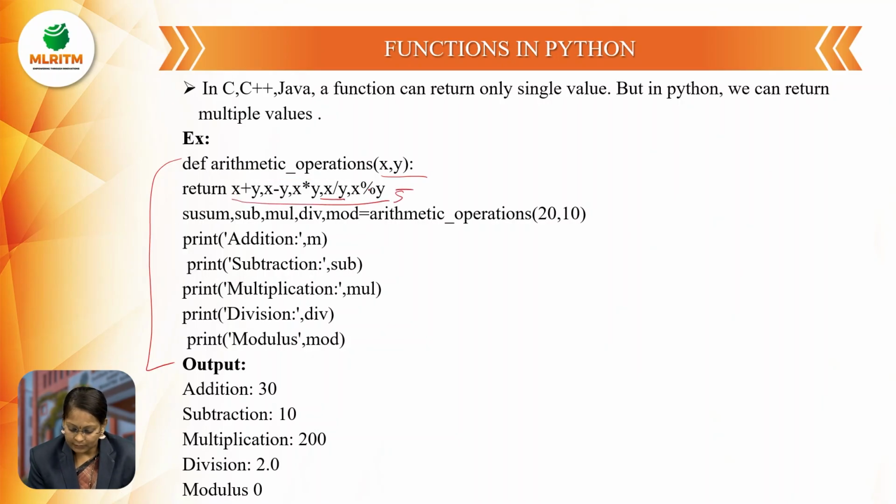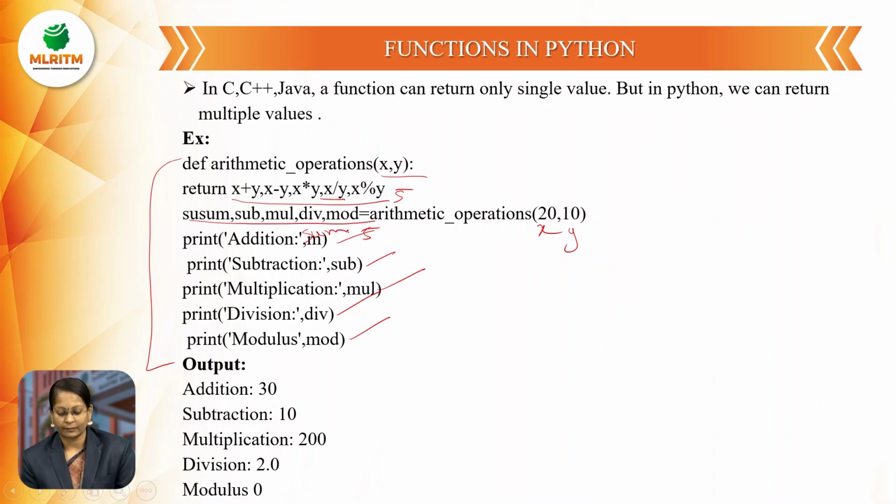These are 5, and these are also 5. So the arithmetic operations with x value 20 and y value 10. Then we are printing addition, subtraction, multiplication, division, and modular division.